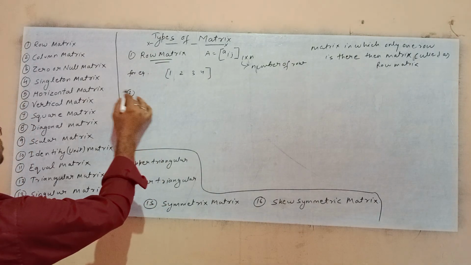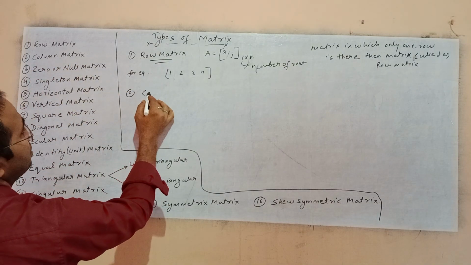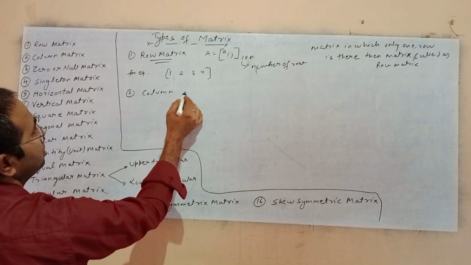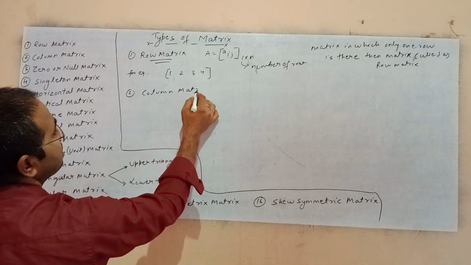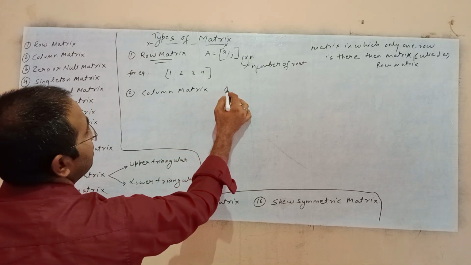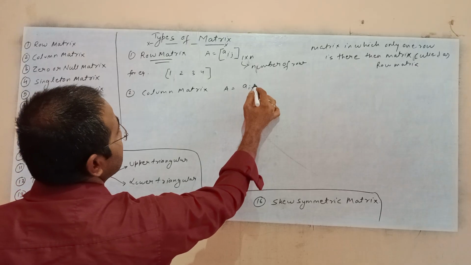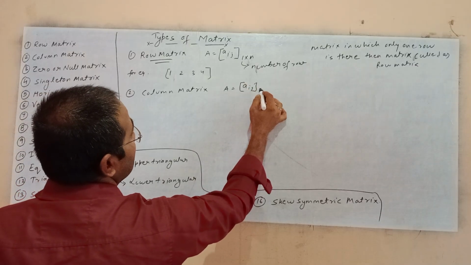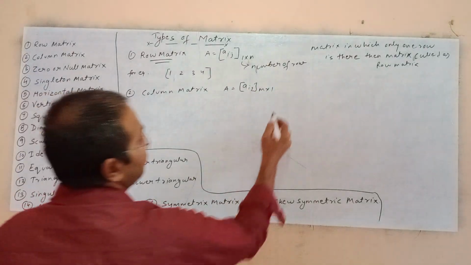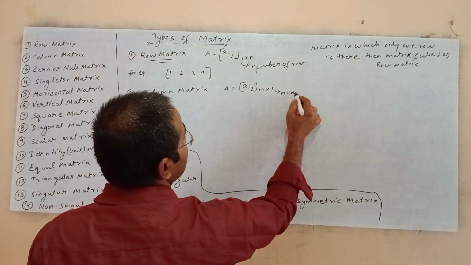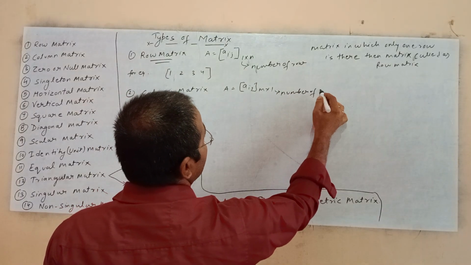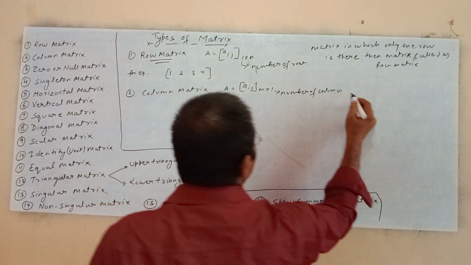Now let us see the next one, column matrix. Column matrix is just the opposite of row matrix. Column matrix will be A = [Aij] of order m into 1, where the 1 represents the number of columns.